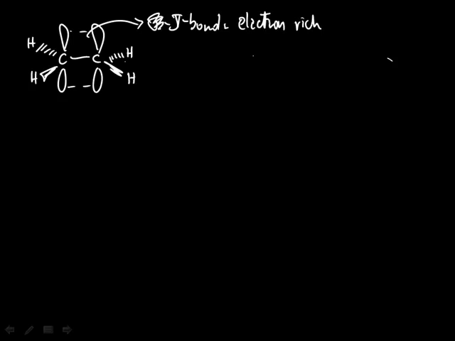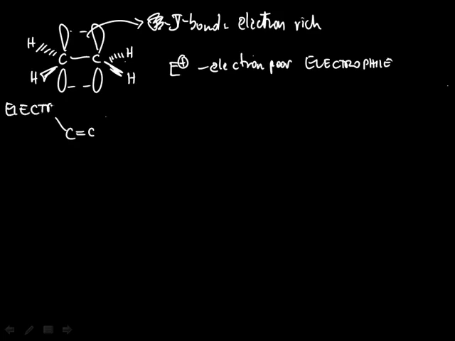And in order for something to react with the pi bond, we need that species to be electron-poor, which means it needs to be an electrophile. Hence, the vast majority of additions onto alkenes are known as electrophilic additions.